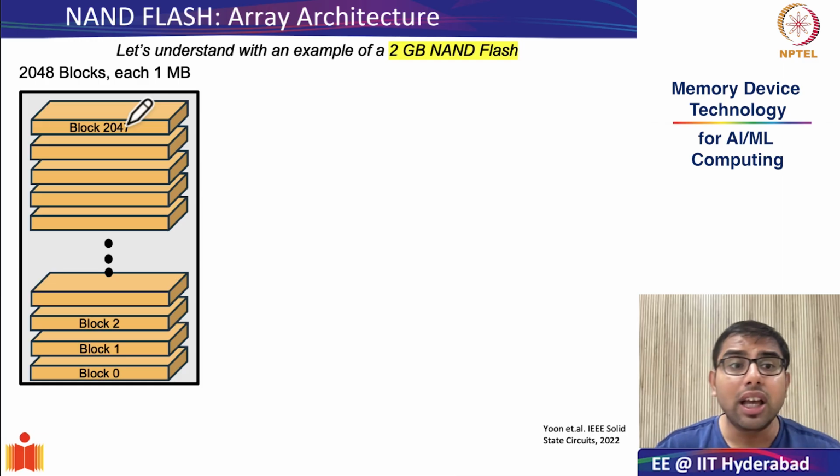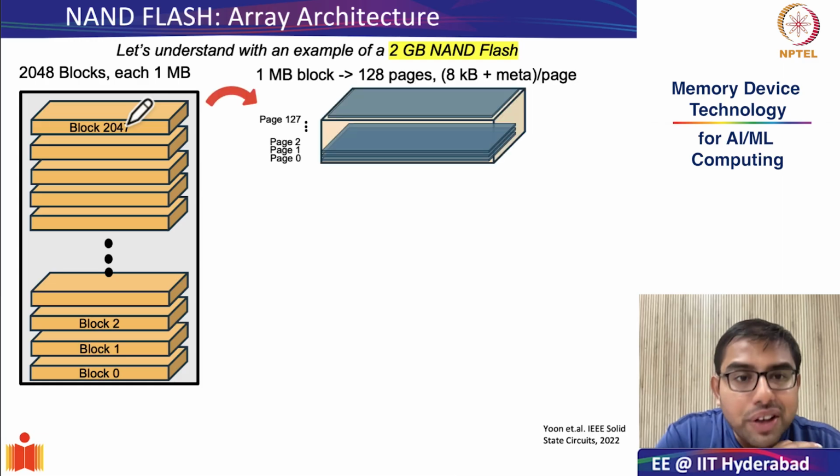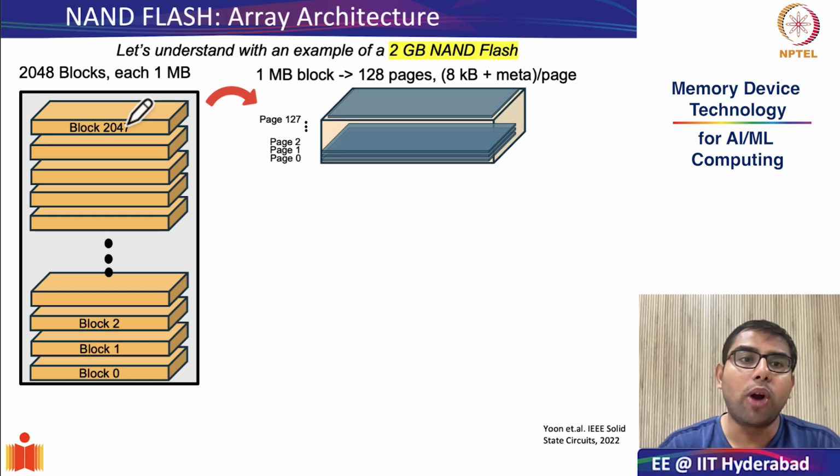So now let's go and see what is happening within a block. Within a block, a particular block, which is 1 MB, is now further subdivided into pages. What is the meaning of page? Also, we will look in very great detail, but let's now just look at the overall top perspective. So a 1 MB block is generally divided into 128 pages.